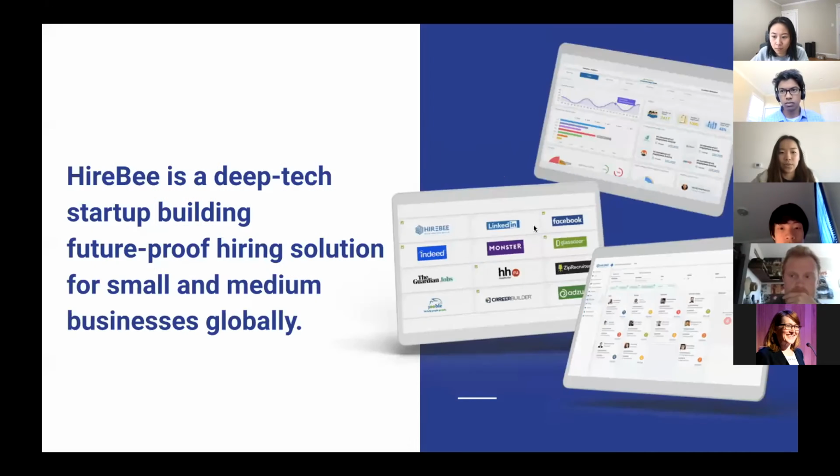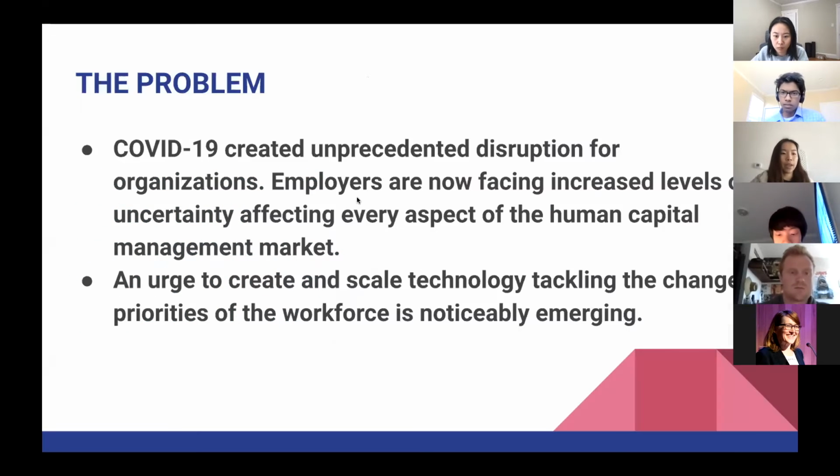And so basically a quick background about the company. HireB is a deep tech startup building future-proof hiring solutions for small and medium businesses globally. The problem that we are trying to solve is that COVID-19 created a lot of disruption for organizations, and employers are now facing increased levels of uncertainty affecting every aspect of the human capital management market.